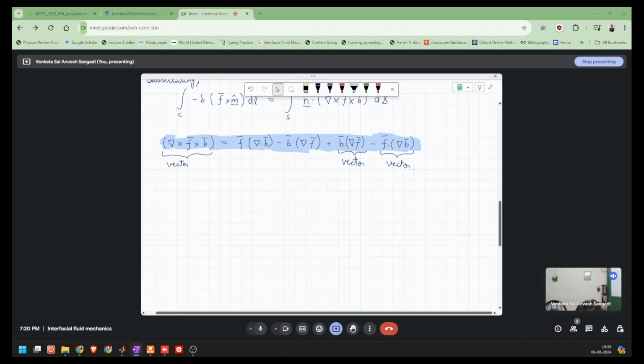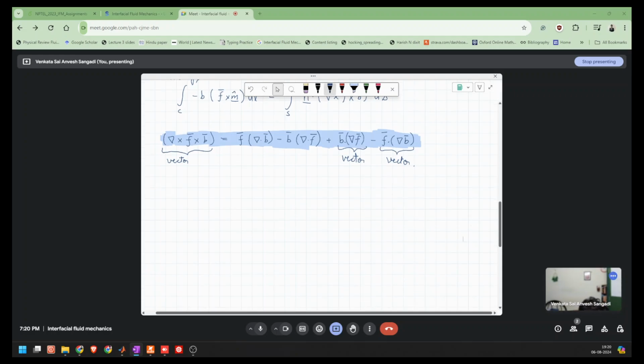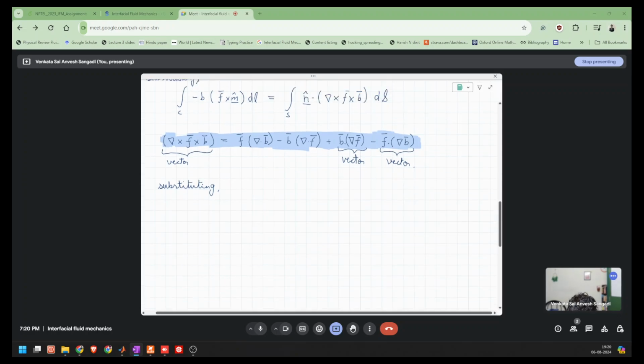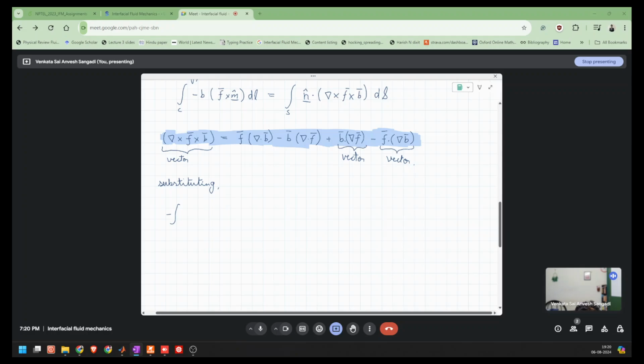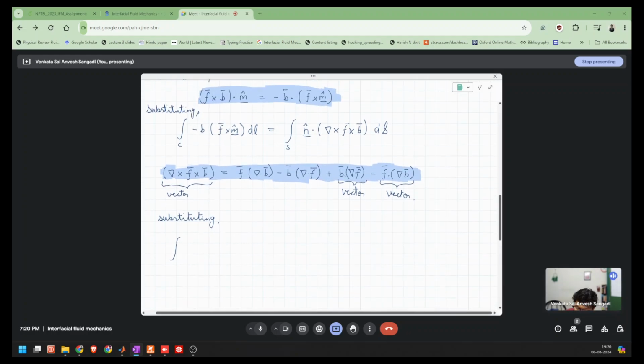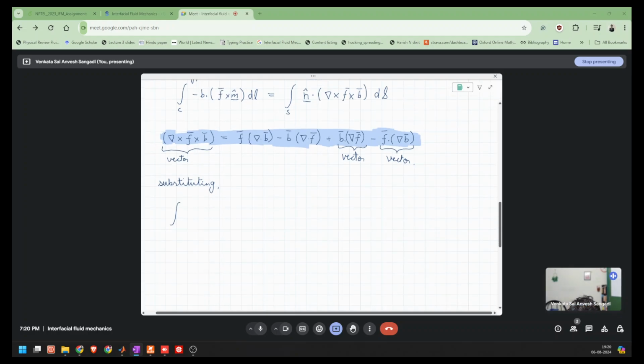So using this equation, substituting. Sorry, I have missed a dot product here. Please make sure there is a dot.